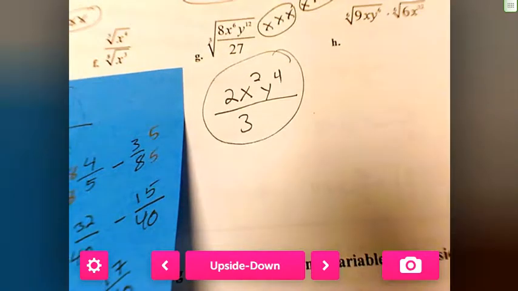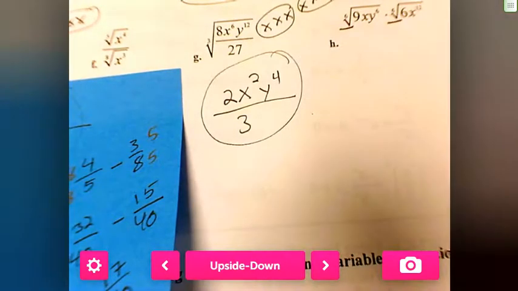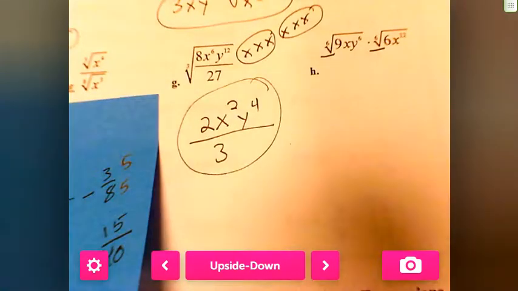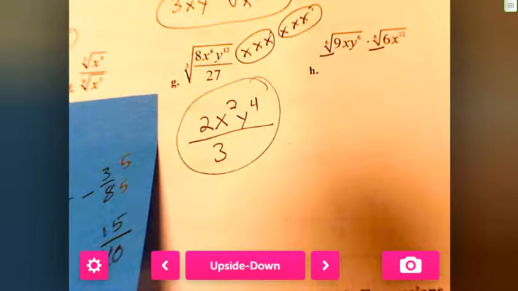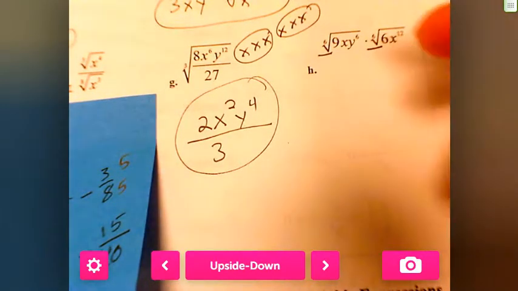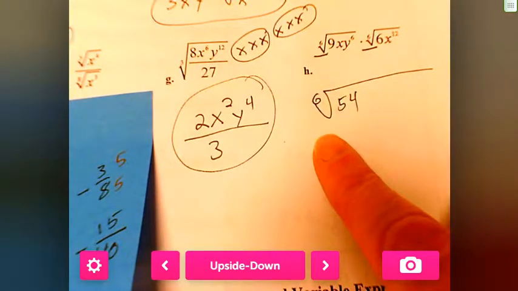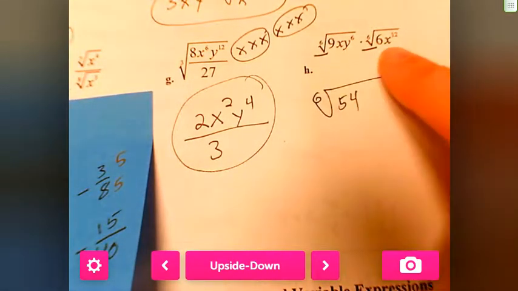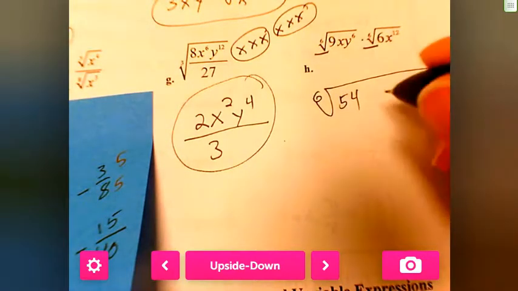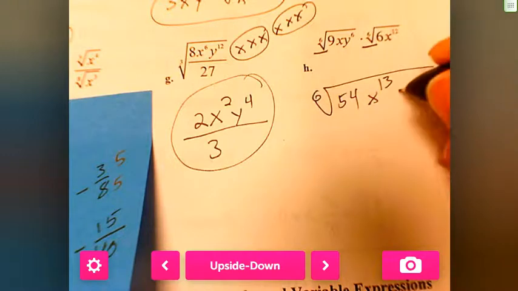All right. Here's my question for H. Are both of these taken to the 6th root? Root 6. Yeah, so we can just multiply the insides. 9 times 6 is 54. I'm going to put that 6th root on the outside. X times x to the 12th gives us x to the 13th. Y to the 6th.